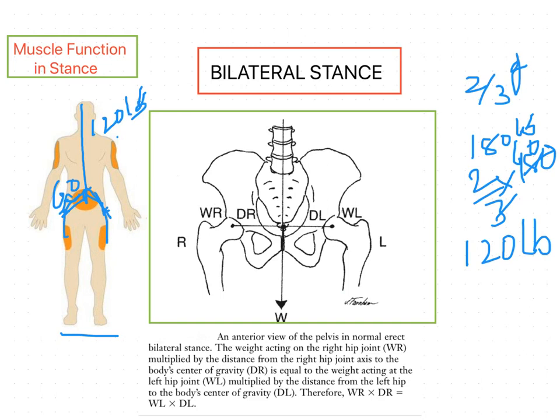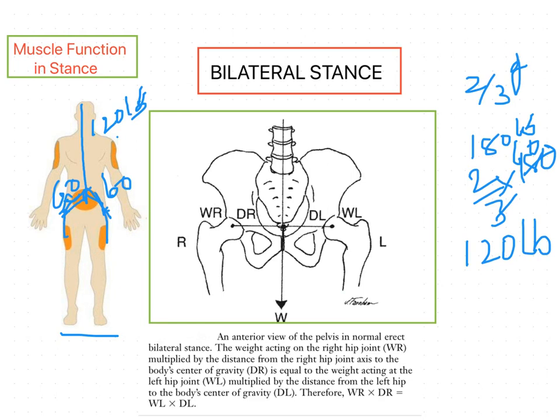So the upper body weight is transmitted equally, 60 and 60, to the right and left. This weight is the compressive force, distributed as 60 lb each between the two supporting hip joints.